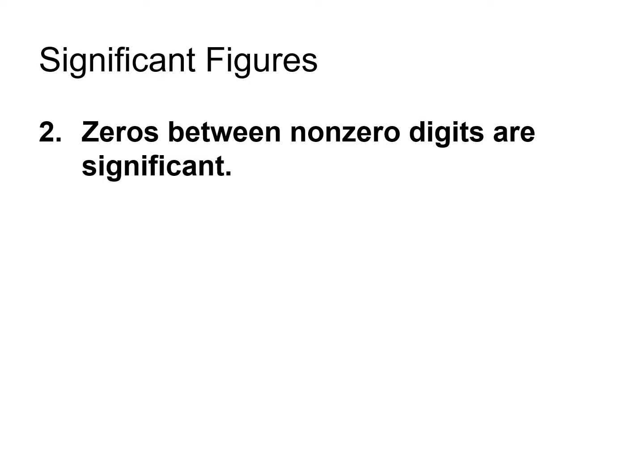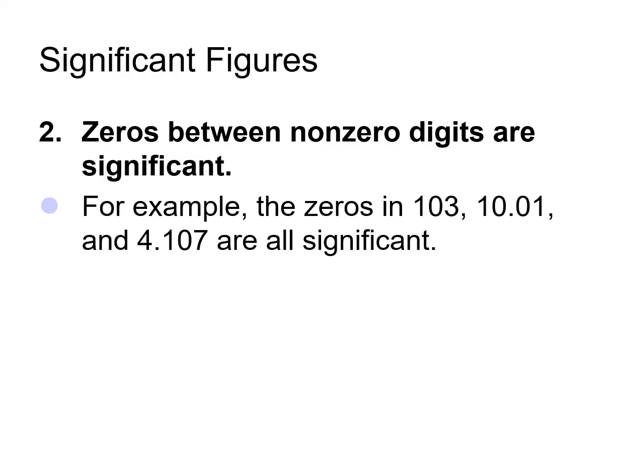Zeros sometimes are significant, sometimes are not. If the zero is between two non-zero digits, then it is significant. So for example, 103, that zero is significant because the 1 and the 3 are significant.